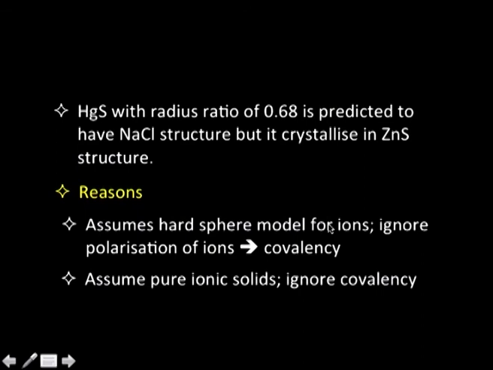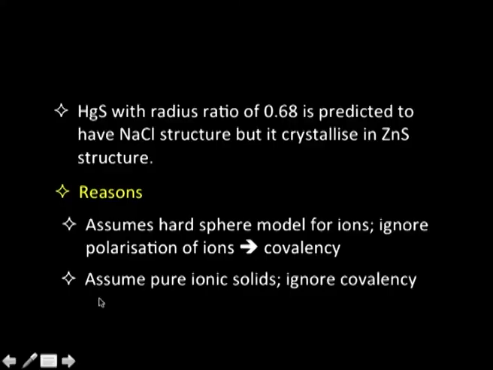The reason for all these deviations from the radius ratio rules is that when we talk about radius ratio rules, we take ions to be hard spheres, and we ignore that the ions can get polarized. Essentially, in an ion there is a nucleus and a large electron cloud, and if you have a positively charged cation, this cation can polarize the anion, and there can be some element of covalency in that, because we do not have 100% ionic compounds.